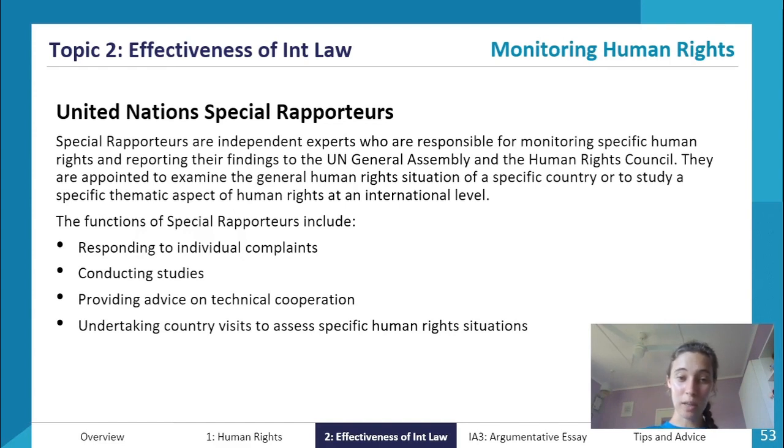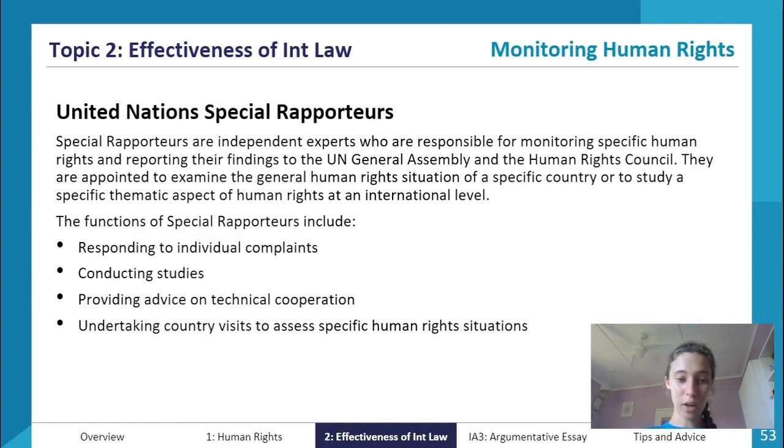They're appointed to examine the general human rights situation of a specific country, or to study specific thematic aspects of human rights at an international level. So it could be at a country level, or it could be taking an aspect of human rights, like the treatment of women, or the treatment of children, and looking at it from an international level, with that aspect in mind.